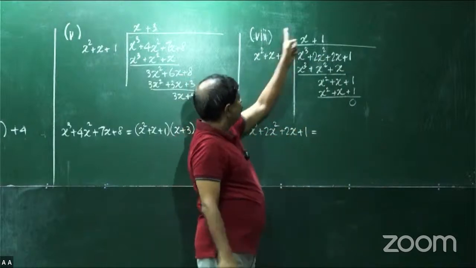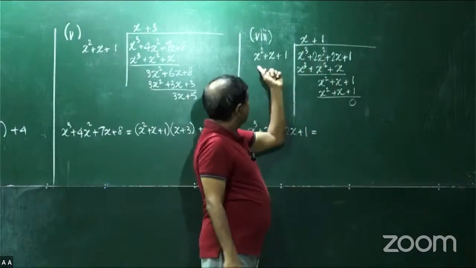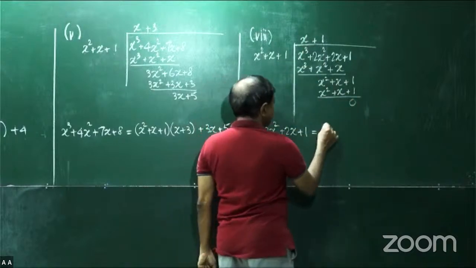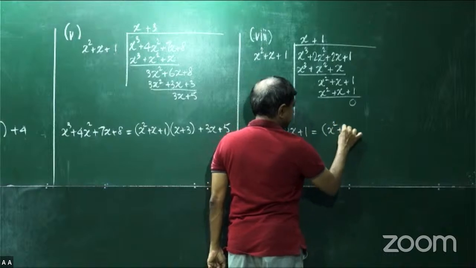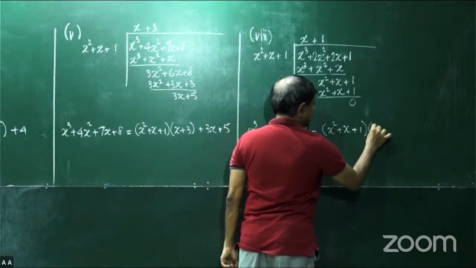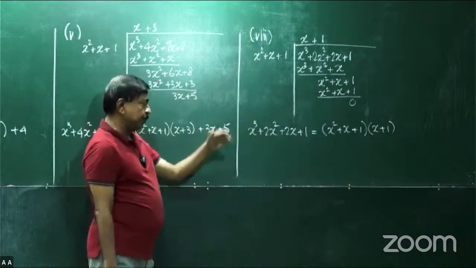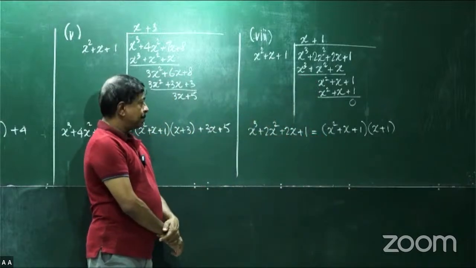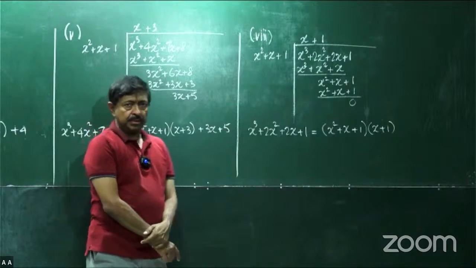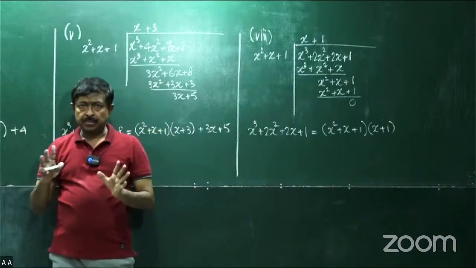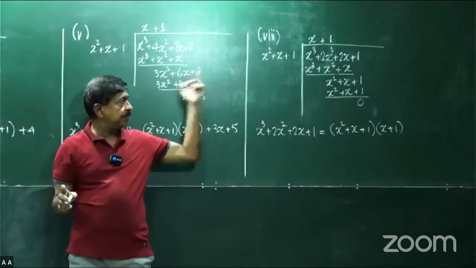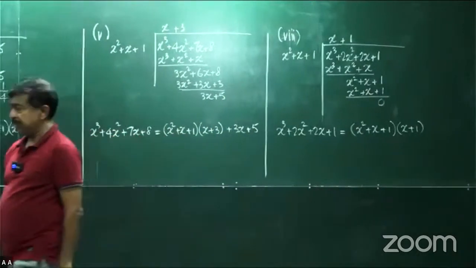This is equal to the product of these two plus 0. So plus 0 is not necessary to be written there. So you can stop at this point. Right? Okay. So if you have made any mistakes, please correct them.